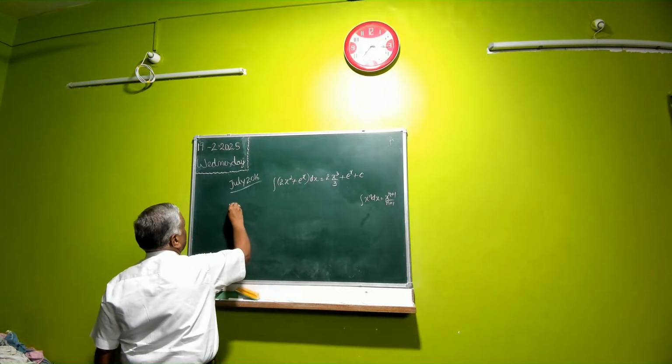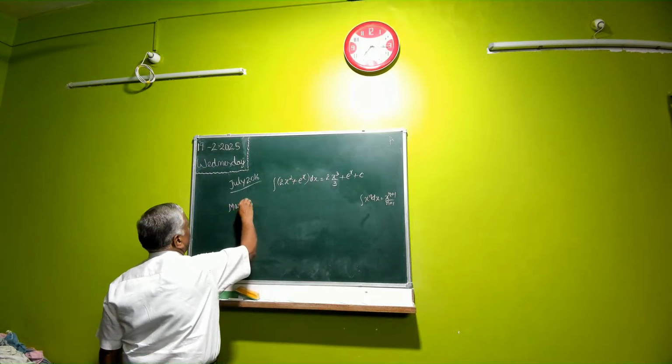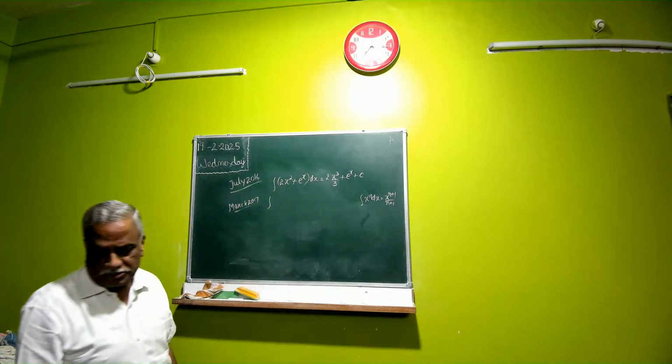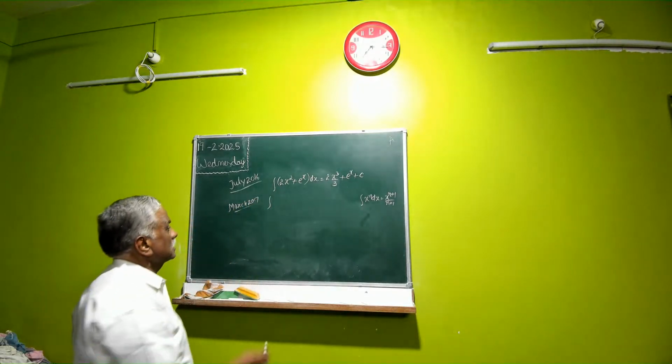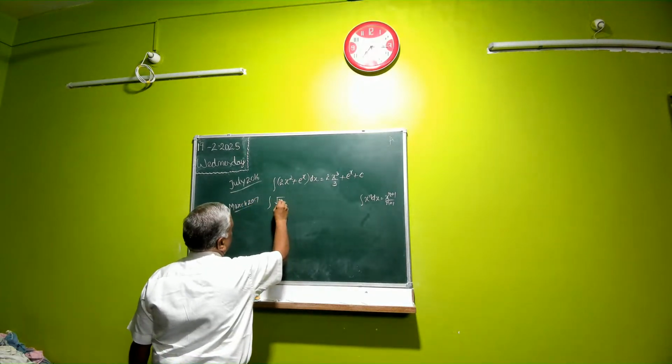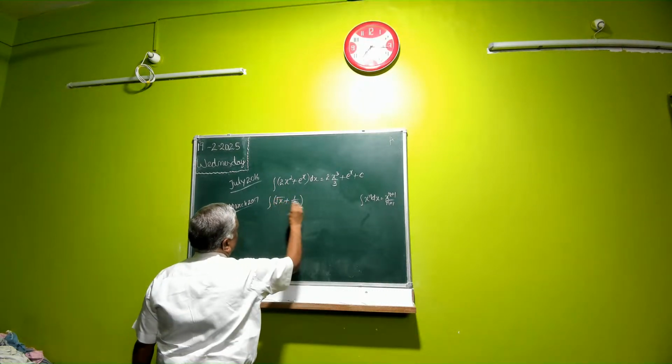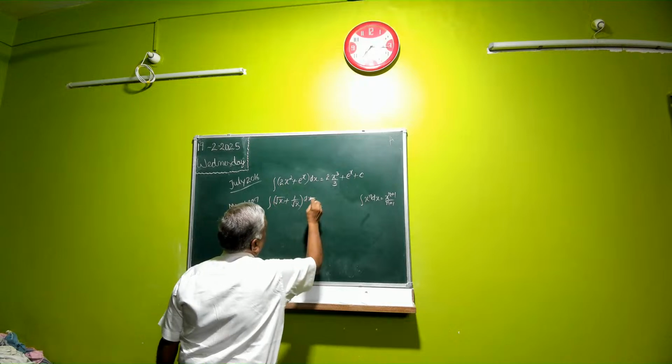March 2017. The problem given in March 2017 is root x plus 1 over root x. You have to arrange it in a proper way.